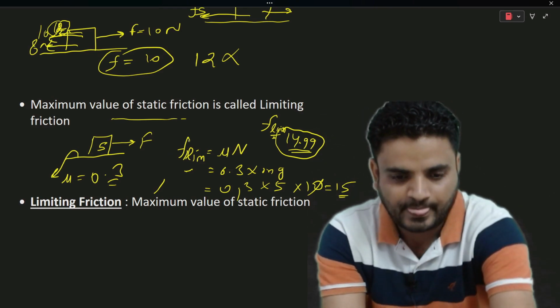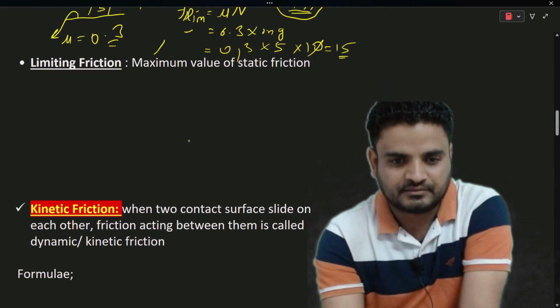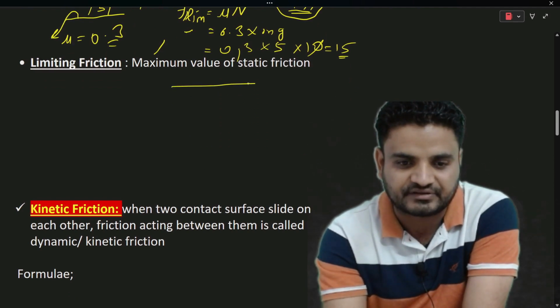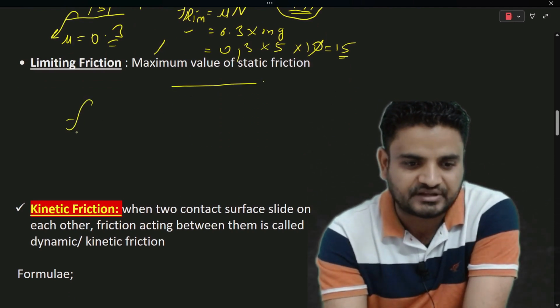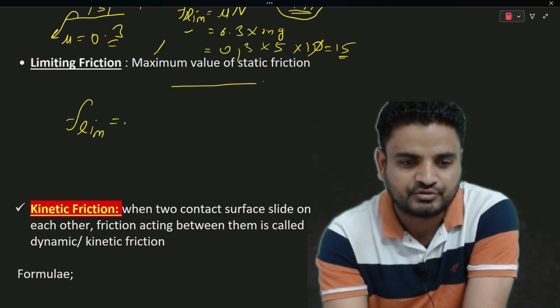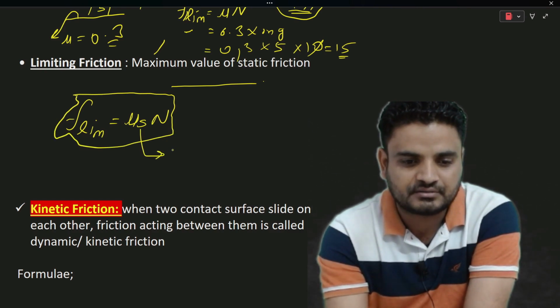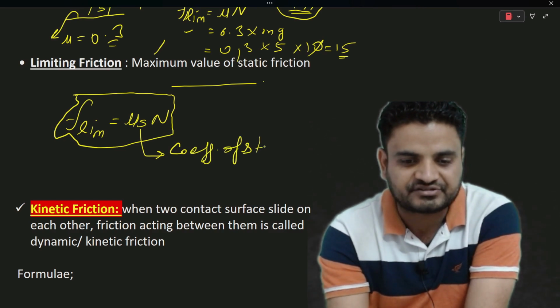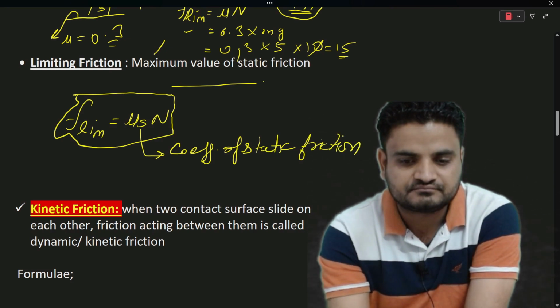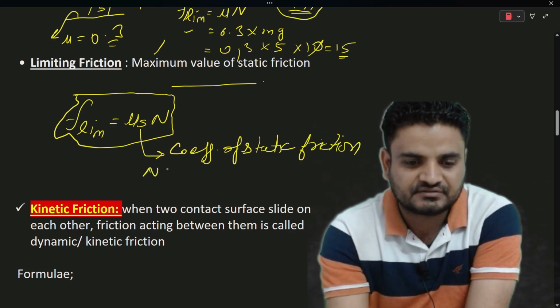Clear? Maximum value of static friction. Its formula is F limiting equals mu s into N. Here mu s is the coefficient of static friction, and N is the normal reaction.